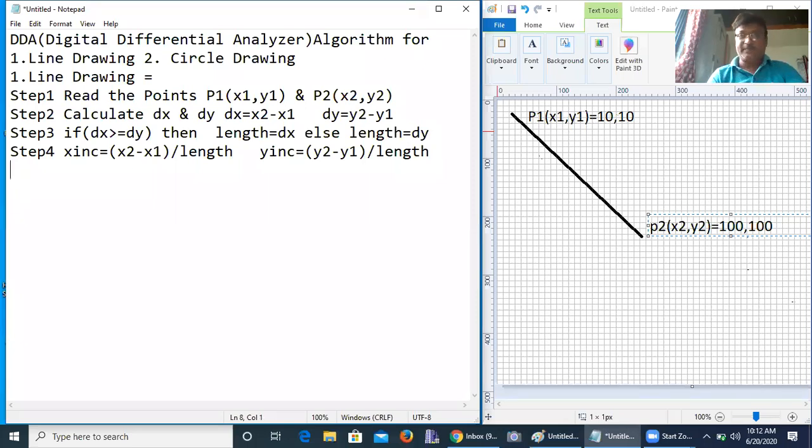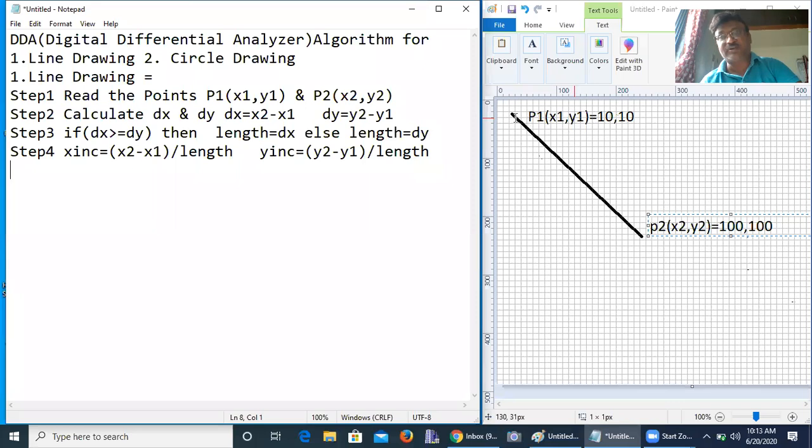So why am I calculating the x increment and y increment? Because I have to place the points over here, one by one, by adding to x1, y1. I add the point: x1 is equal to x1 plus x increment, y1 is equal to y1 plus y increment.